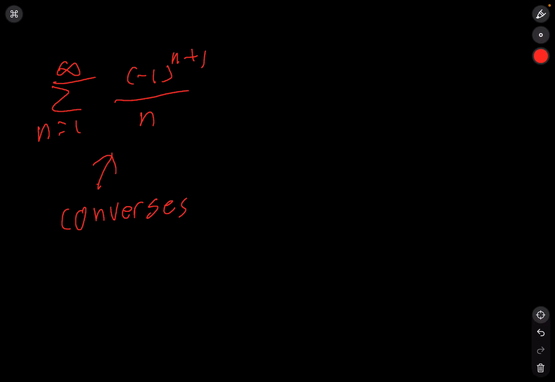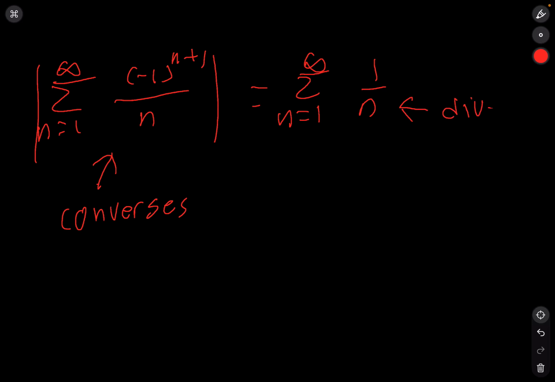However, if we take the absolute value of this series, then for the original series to be conditionally convergent, the absolute value of that series has to diverge. And here's what I mean.